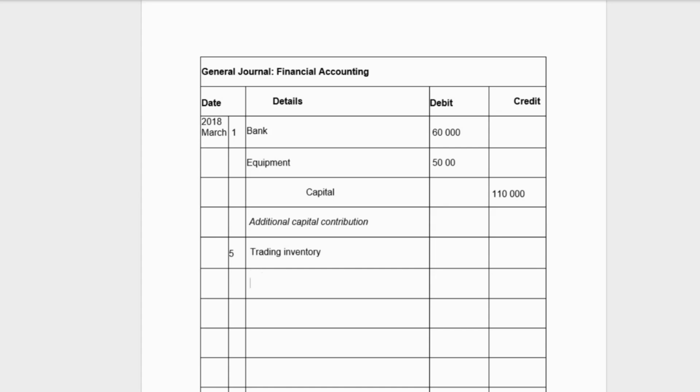We're going to debit VAT control, or you can just say input VAT, because input VAT is the VAT incurred when you purchase, at 15%. Okay, and then we are going to credit our creditors control.